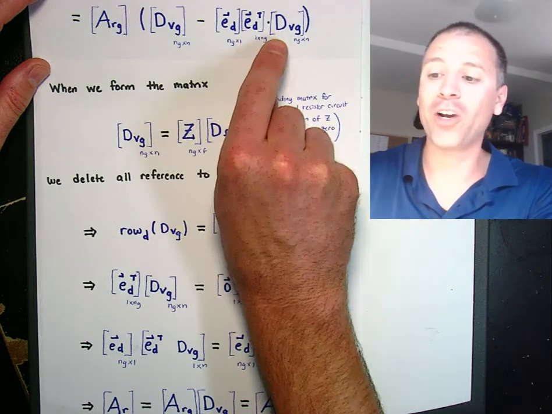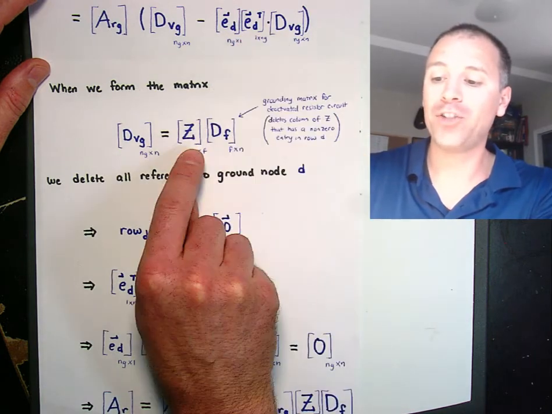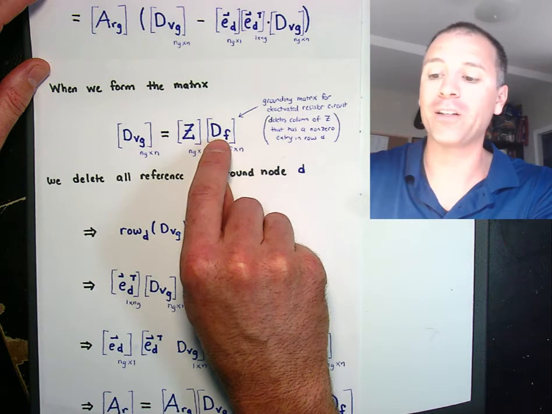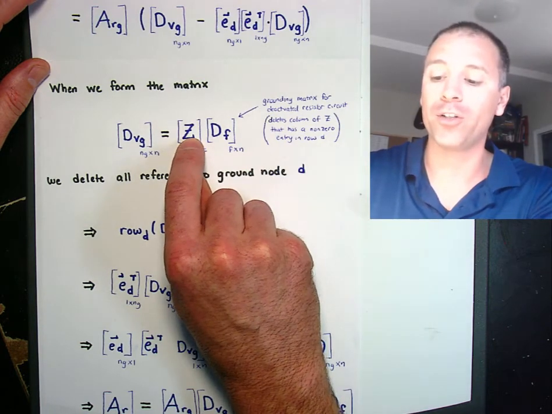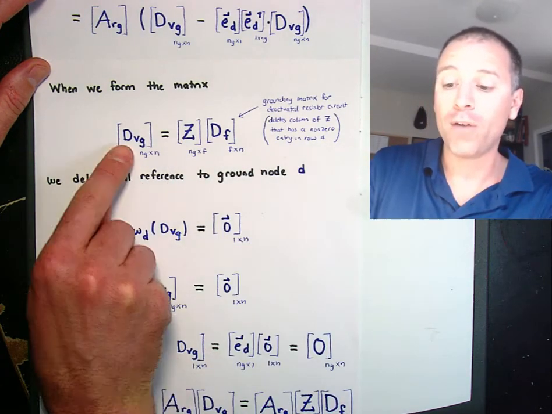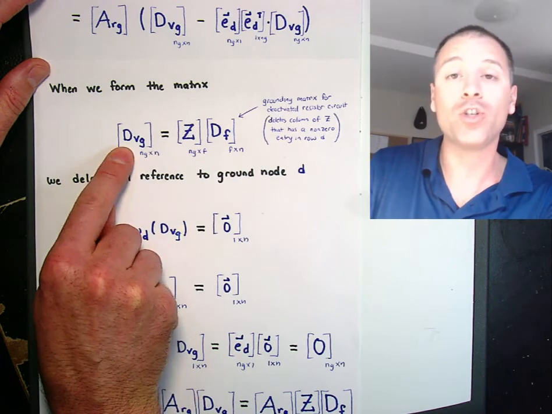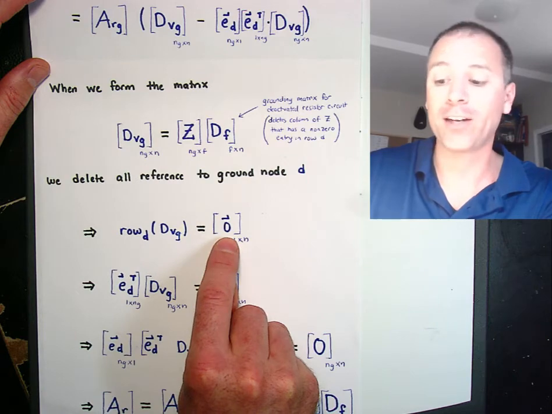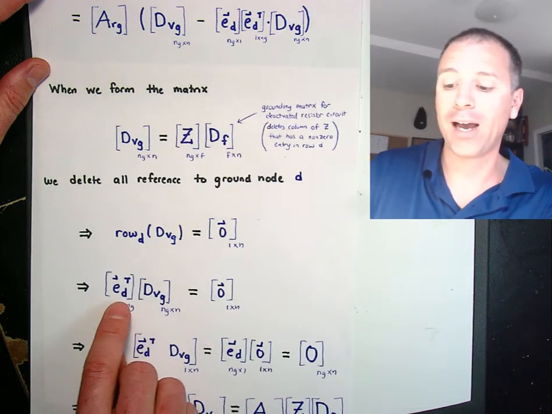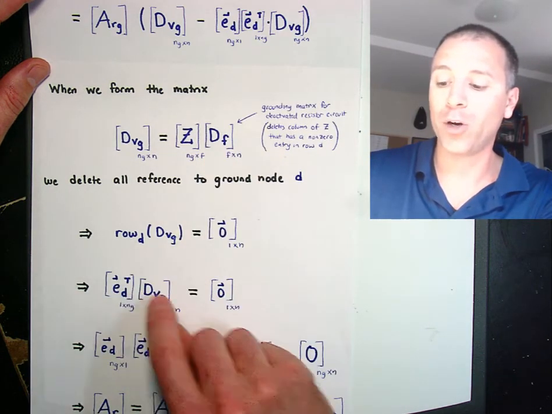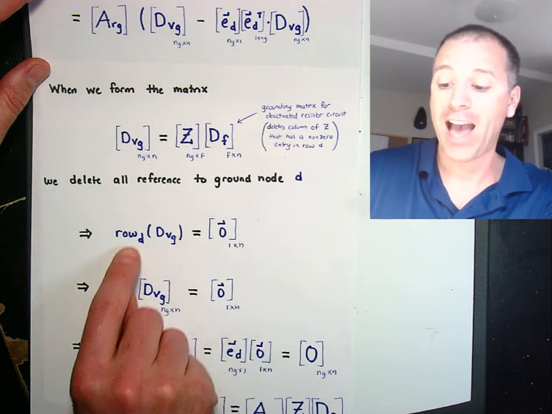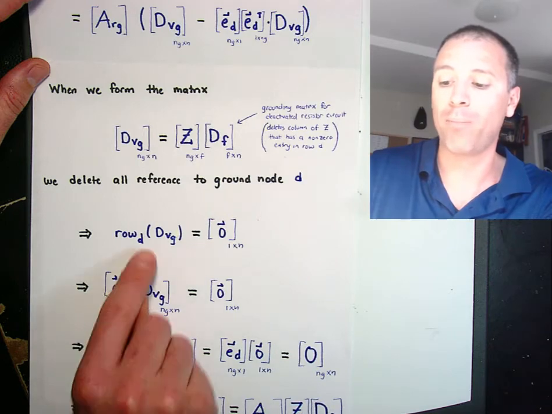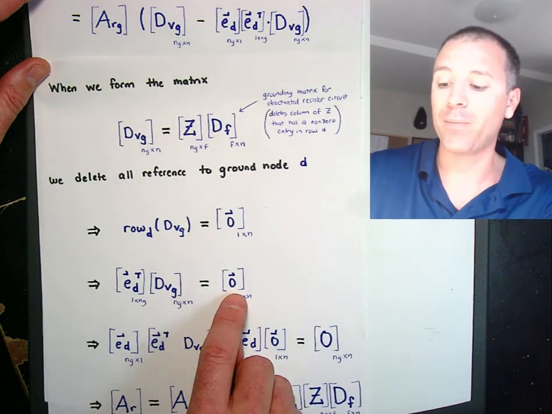So that means when we're looking at this product, the grounding matrix for the deactivated resistor circuit, the one where we delete the column where the ground node shows up, the dth row of this thing, the row corresponding to the ground node in d sub vg, is going to be the 0 vector. Well, that means when I multiply e sub d transpose times d sub vg, that is the dth row, because this is literally 1 in the dth position, so I'm pulling off the dth row of that. That's going to be the 0 vector.